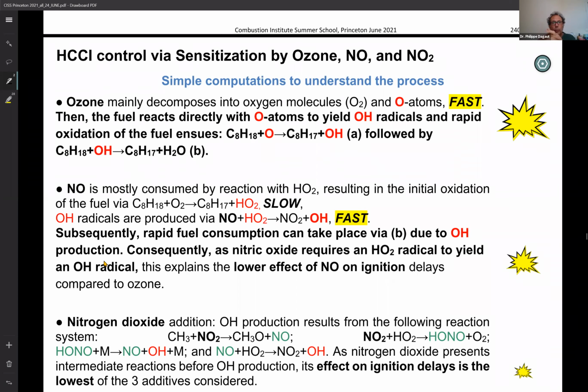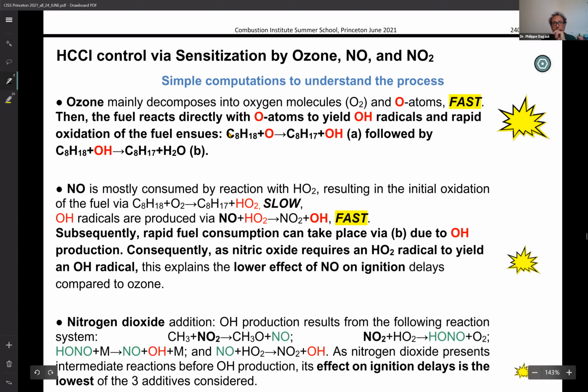When we add ozone, ozone mainly decomposes into oxygen atoms and O2. This is a very fast process. After being formed, O atoms attack the fuel and produce OH radicals, which will rapidly oxidize the fuel.